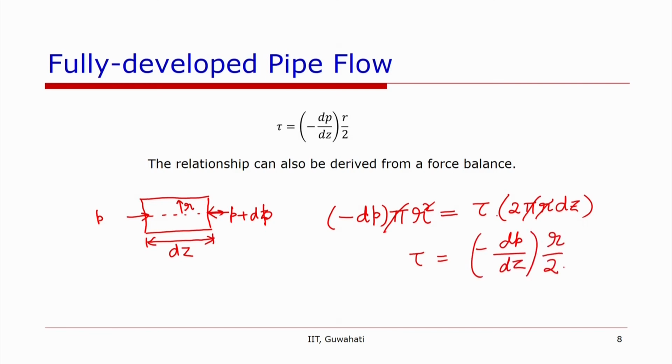This is an important relationship between the shear stress and the radial coordinate, and this is independent of the constitutive equation of the fluid. It is true for a Newtonian as well as non-Newtonian fluid.